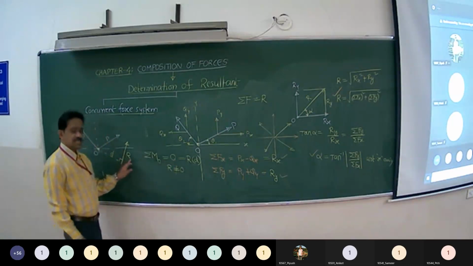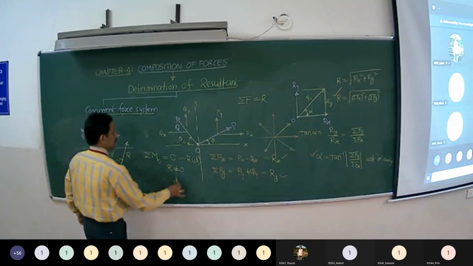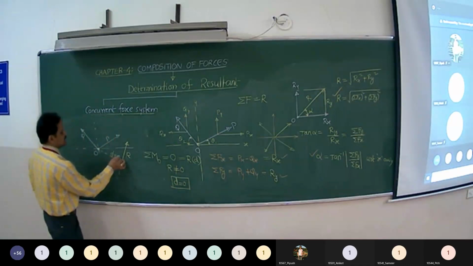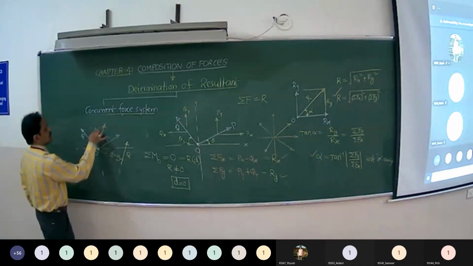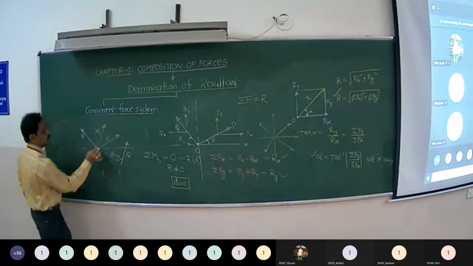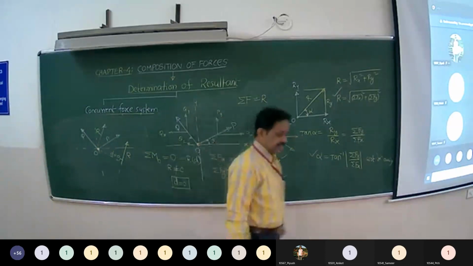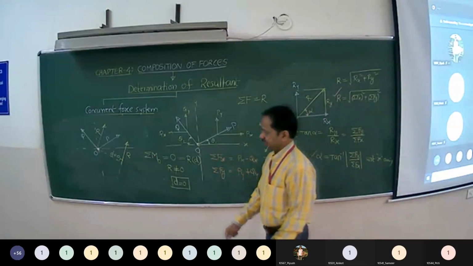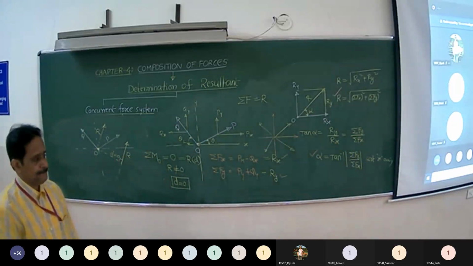It is having some magnitude. Therefore, D has to be 0. D is 0 means the line of action of resultant is passing through point O. So for concurrent force system, resultant will act at the point of concurrence. Okay?